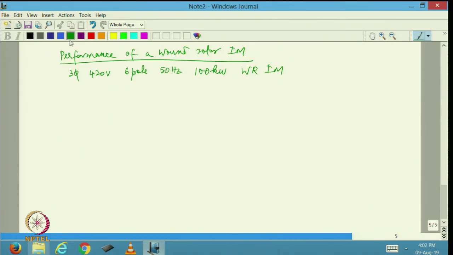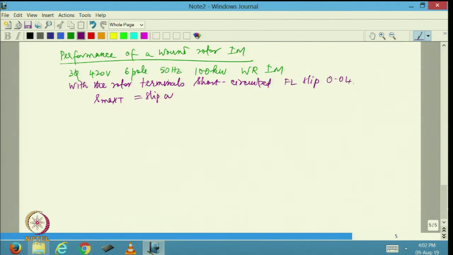What is written is, with the rotor terminals short circuited, the full load slip is 0.04 and the slip at maximum torque, S max T, is given to be 0.2 when it is running at rated voltage and rated frequency.